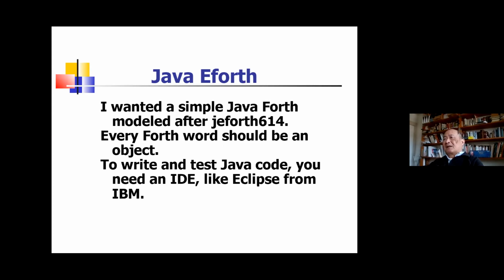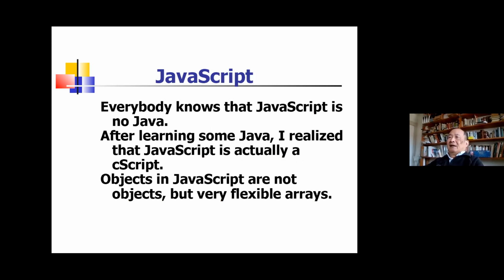So I tried to experiment with Java, and the first thing you need is an IDE, because Java is really difficult to work in the console. So an IDE like Eclipse from IBM is very handy. Everybody knows that JavaScript is not Java.